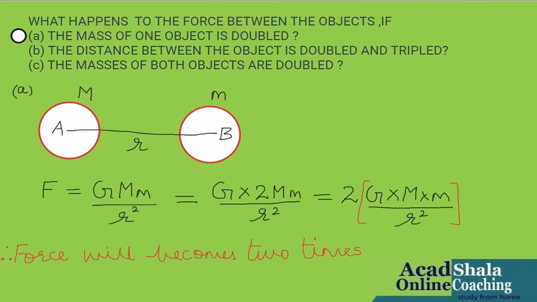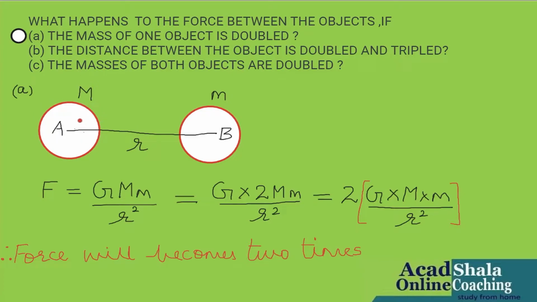Okay, next. What happens to the force between the objects if the mass of one object is doubled, the distance between the objects is doubled and tripled, or the masses of both objects are doubled? Fine. Let us do the A part first.